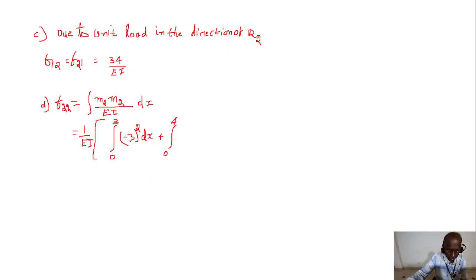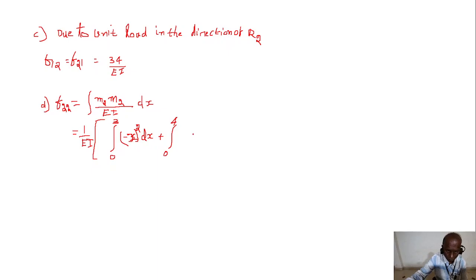So this is not minus 3, this is minus x into minus x whole square into dx.